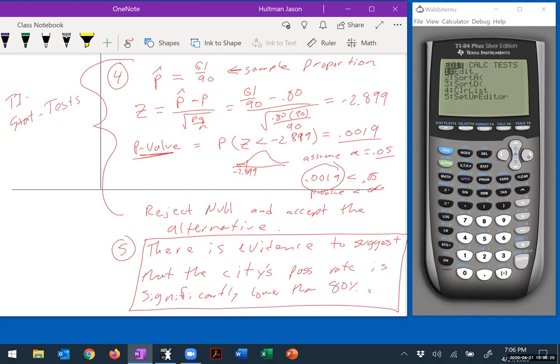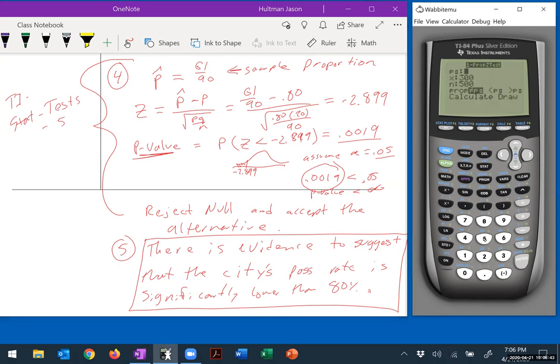We're going to run all the way over to tests. Tests is hypothesis test. Well, that's nice. Then we're going to do 5, which is 1 prop Z test. Look at that, it has 1 prop Z test right there for me.